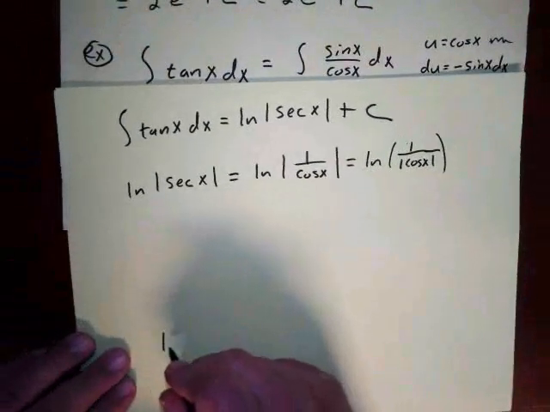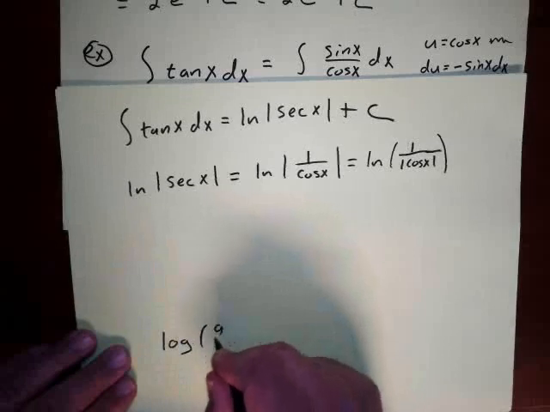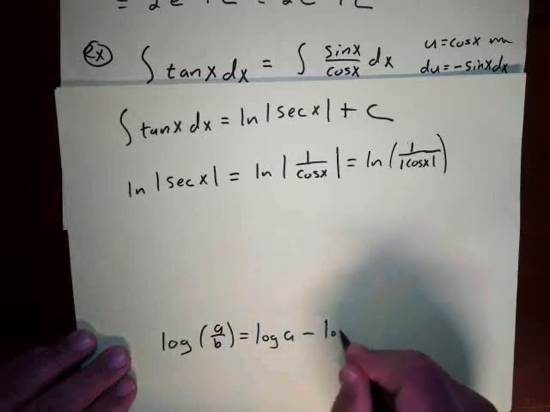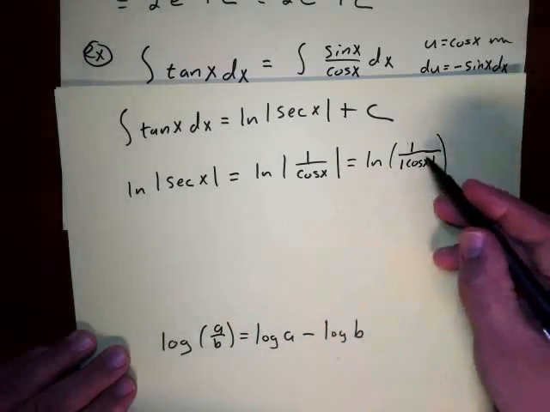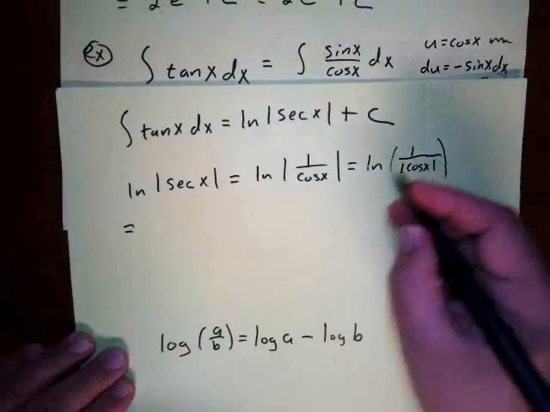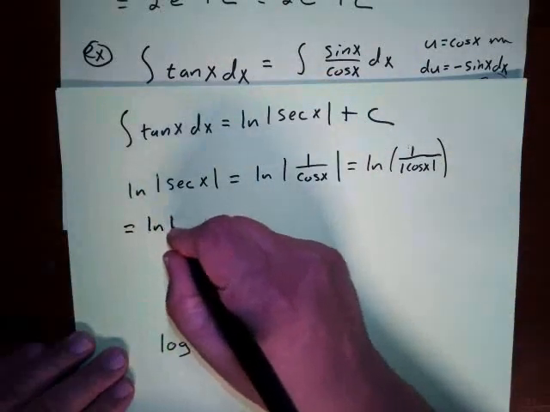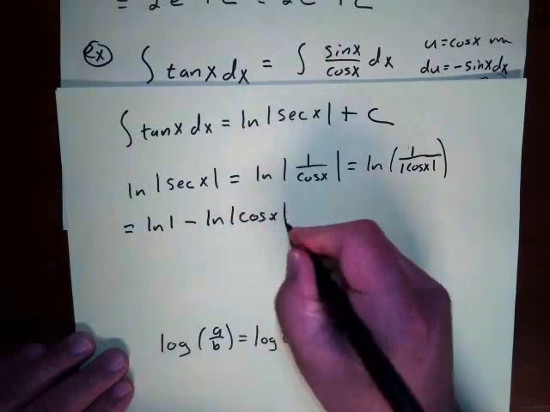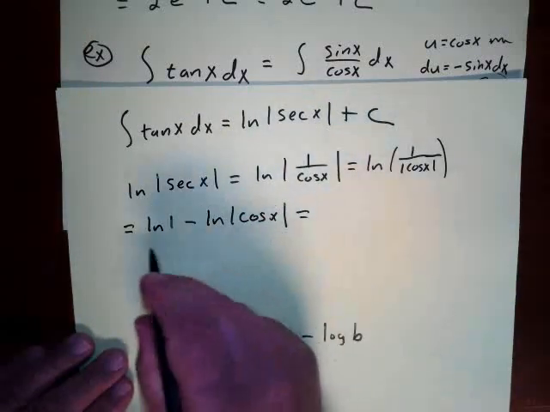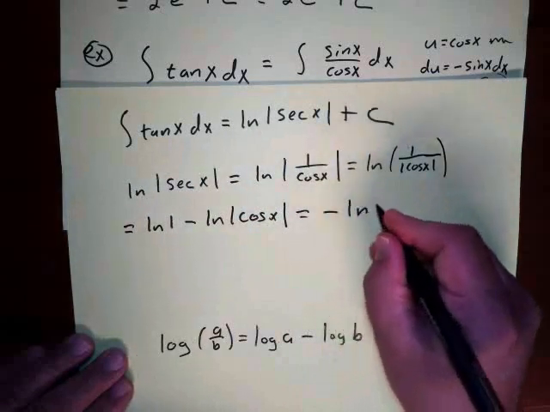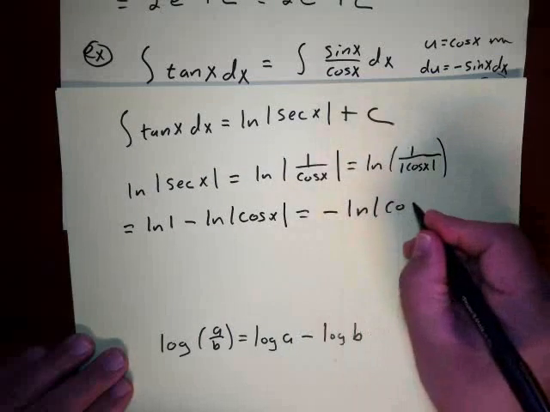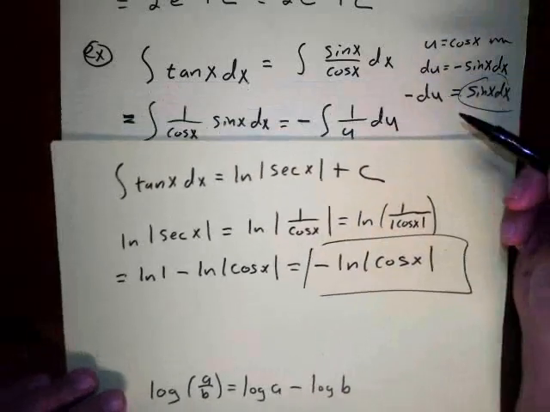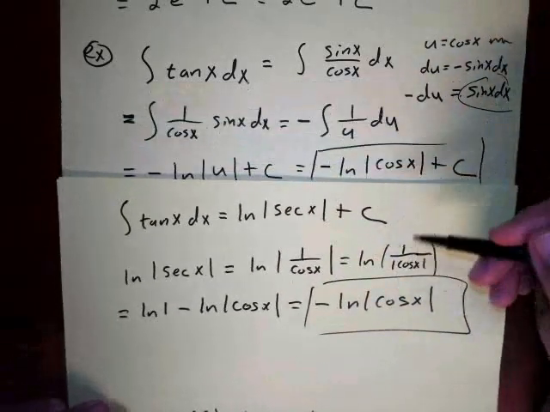If you have a log of a over b, this is equal to the log of a minus the log of b. And that's what I have here, so I can rewrite this as the natural log of 1 minus the natural log of the absolute value of the cosine of x. And natural log of 1 is just equal to 0, so this is equal to the opposite of the natural log of the cosine of x. And so indeed these two are equal.